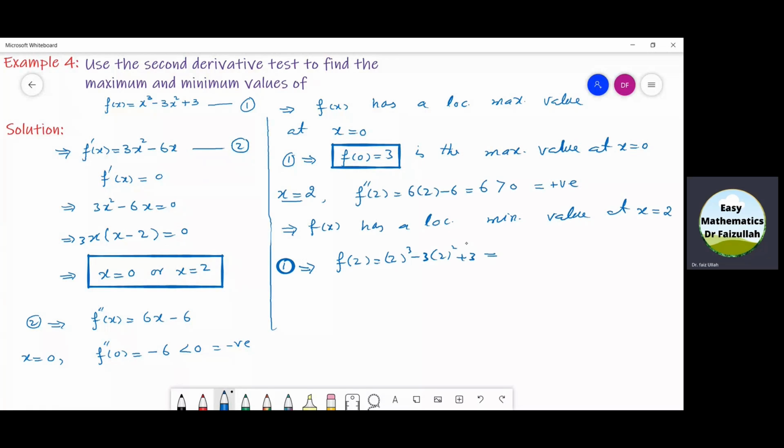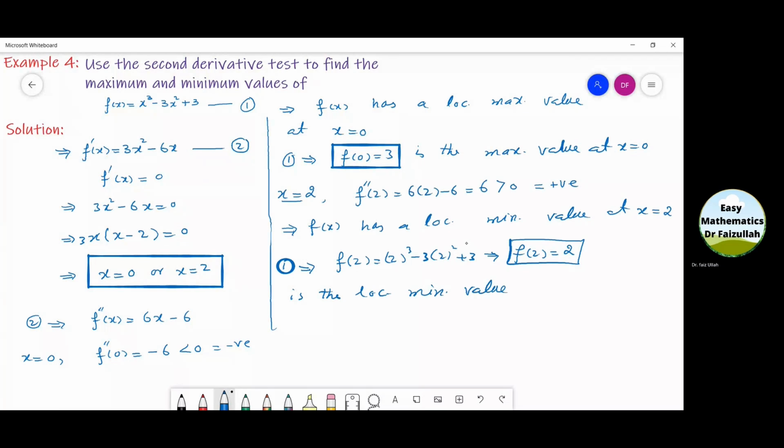And if we simplify this, we have f of 2 is equal to 2. So 2 is the local minimum value of f of x at x is equal to 2. That's all.